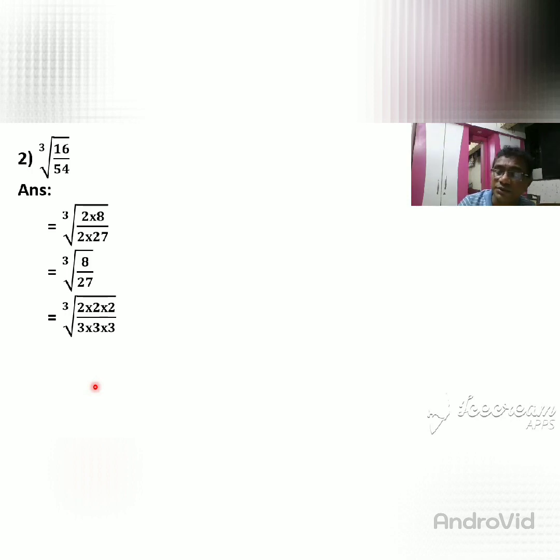So 2 upon 3 is the answer. The cube root of 16 upon 54 is equal to 2 upon 3.